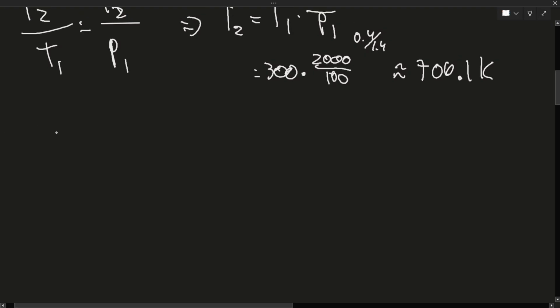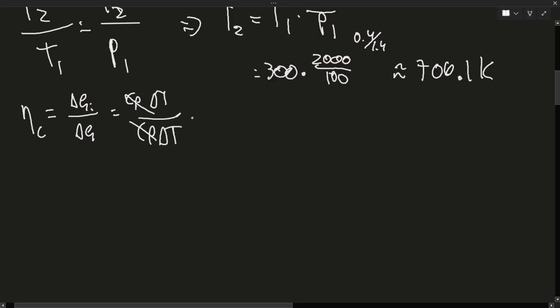So what do you do in this case? You have your compressor's efficiency. Basically, it's equal to the difference in your enthalpy, but we know that enthalpy is equal to Cp delta T, so the Cp goes away. So your efficiency is equal to T2 ideal minus T1, over T2 actual minus T1.